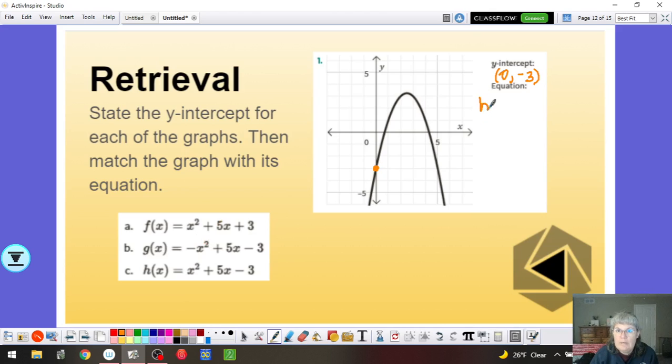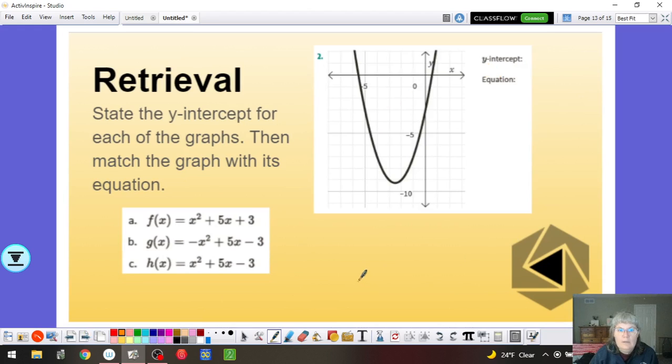So our equation here is b, g of x equals -x squared plus 5x minus 3. Same set of equations, different graph, but the same y-intercept. Well, we've already used b, and the only other equation that has a -3 is c.